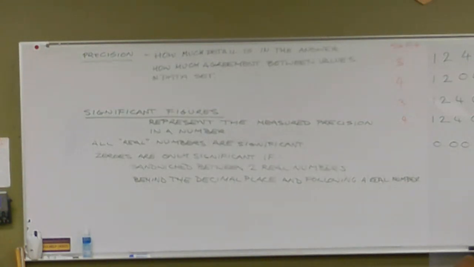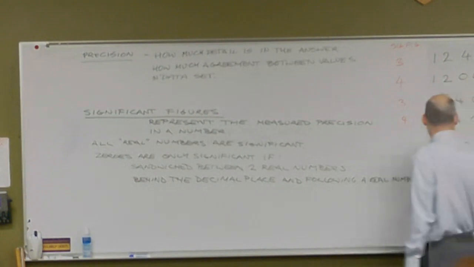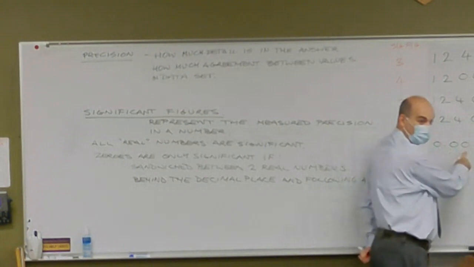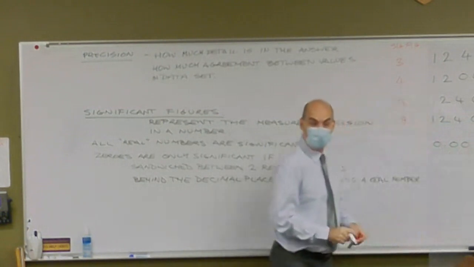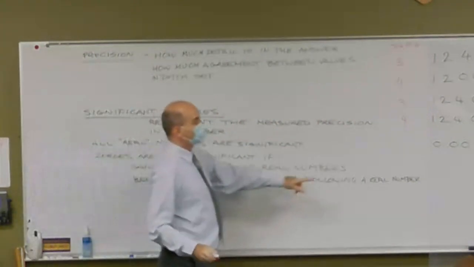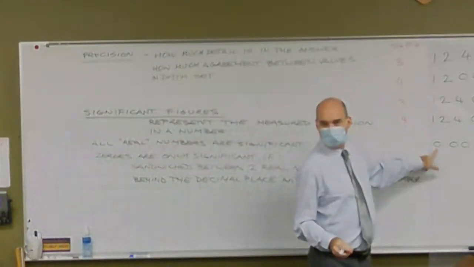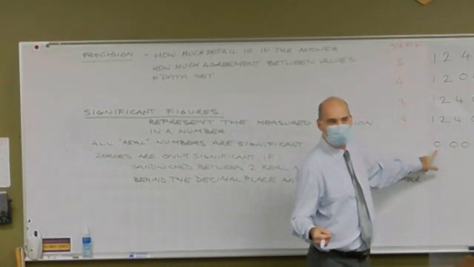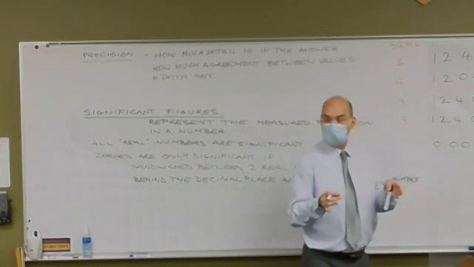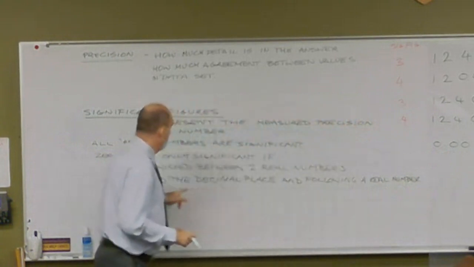5, 4, 3, 2. That's a 0. And that's a 0. And that's a 0. Okay. So every time I see a 0, I have to ask myself, is it one of these two cases? Is this 0 between two other numbers that are 1 or 2 or 3? No. And neither is that one, and neither is that one. So these zeros are not between two other numbers.